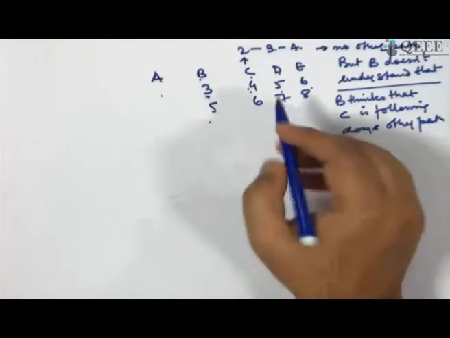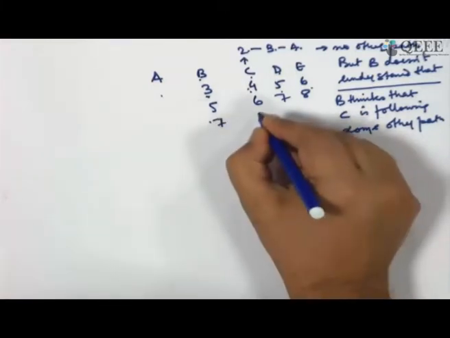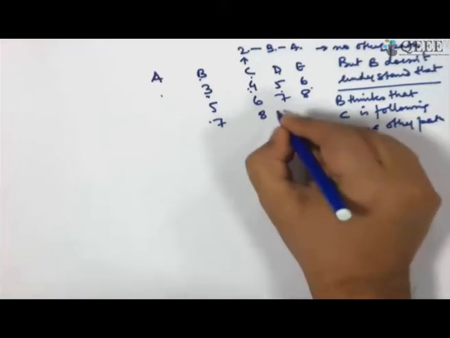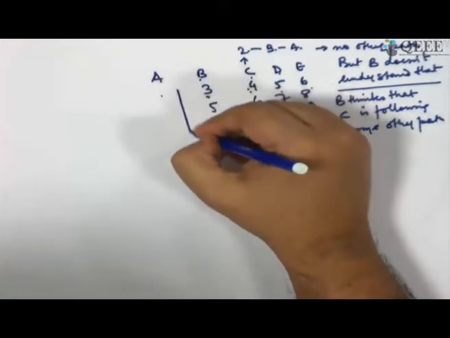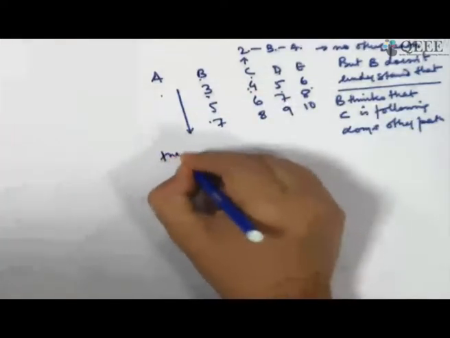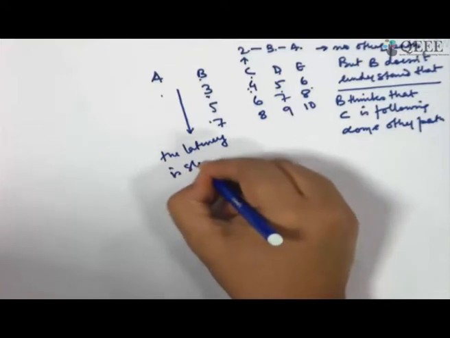So, it will become 5 next round, then 7, 8, 9, 10. So, what is happening is that the latency is slowly increasing.